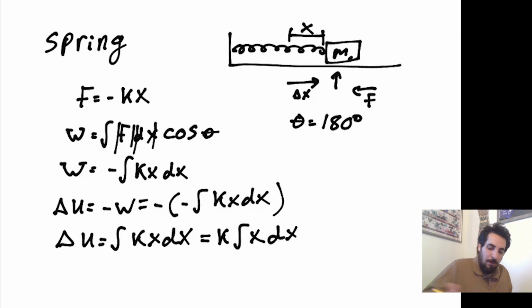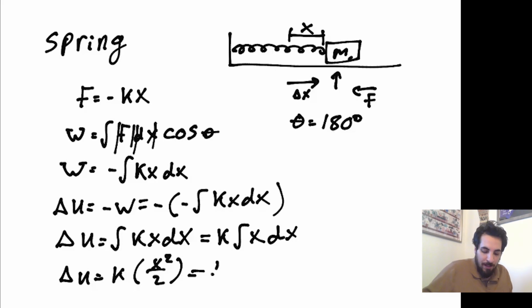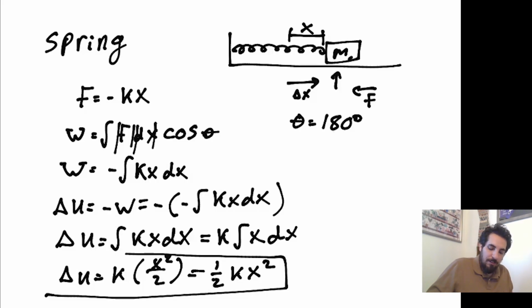And we found that the integral here solves to x squared over 2. So delta U is equal to spring constant k multiplied by x squared over 2. And we actually usually write this as 1/2 kx squared. This is actually a result that we found earlier when we looked at the work done by a spring. But here it is, utilizing the calculus method to give you your delta U.